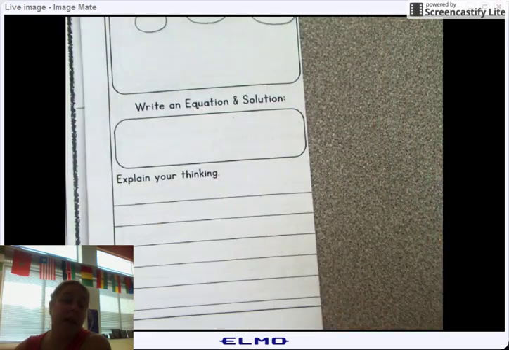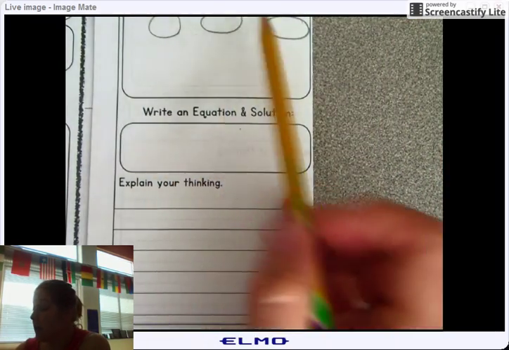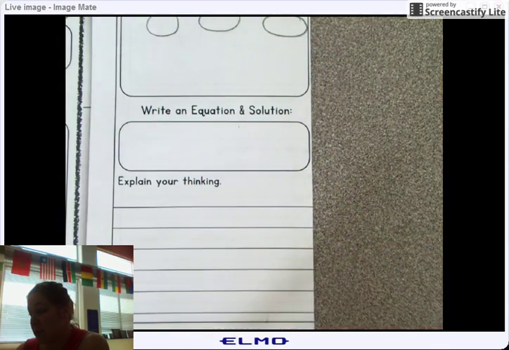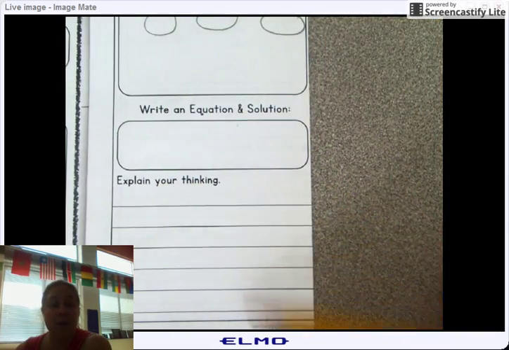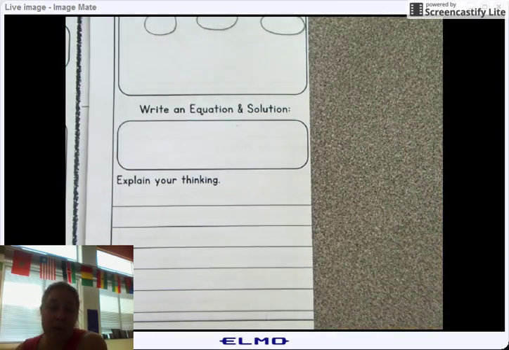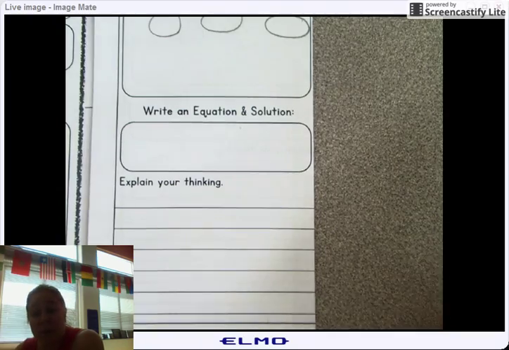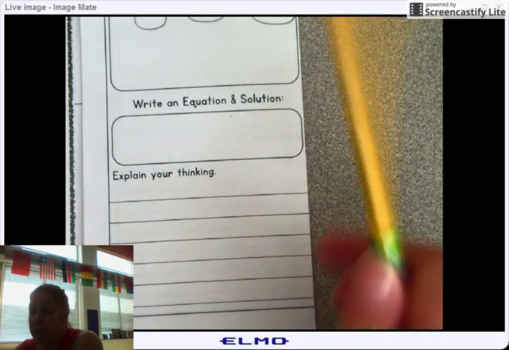So type into Edpuzzle what you got here, how much each person or group got, and then write your explanation of why you put which number up top. Could be a very simple explanation. Don't forget your capitals. Don't forget your punctuation, though. Okay? That way you don't have to pause me.